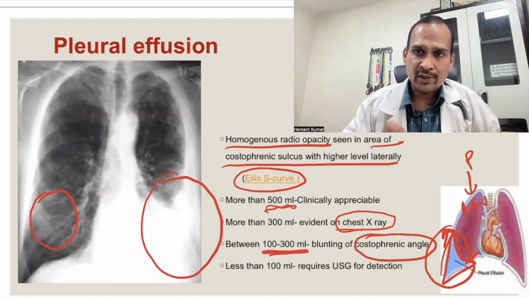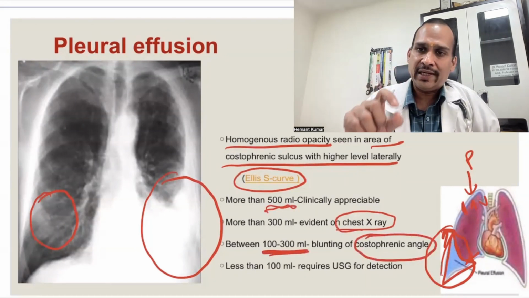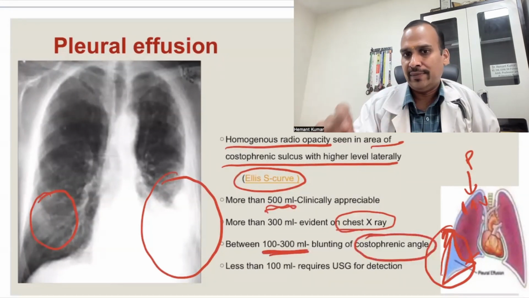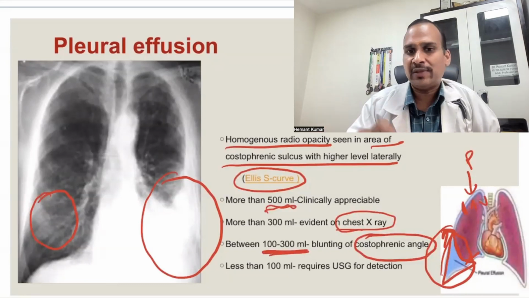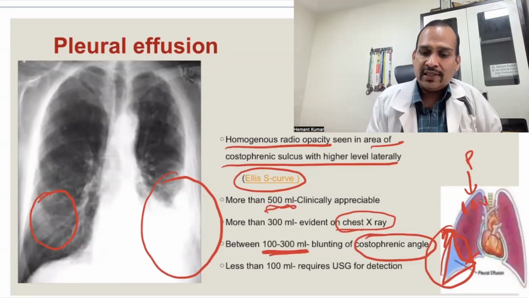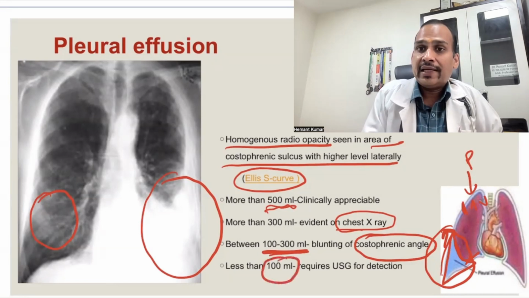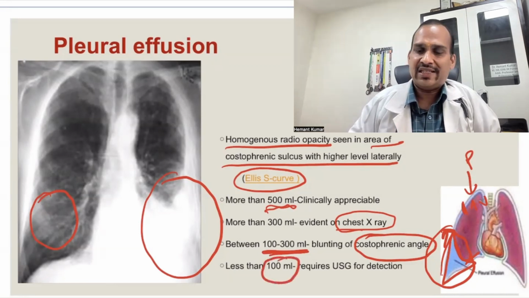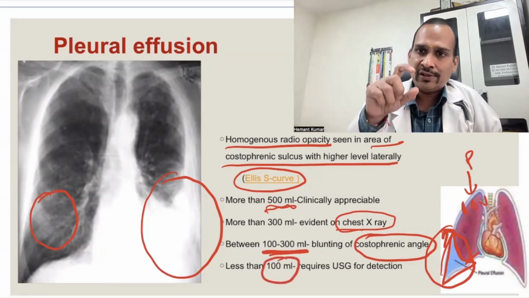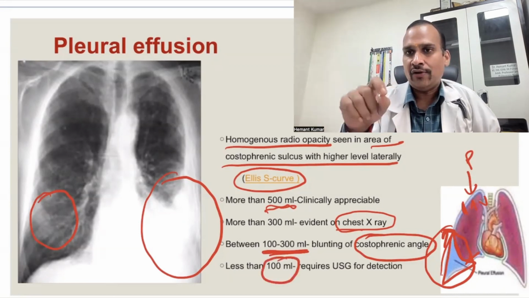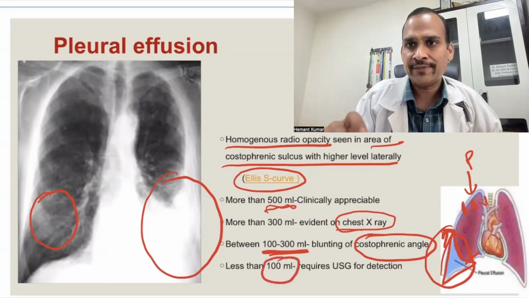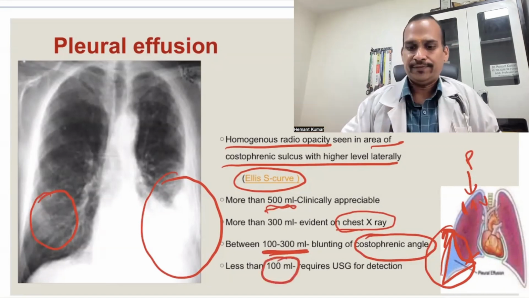So for obliteration of the CP angle, fluid should be at least 100 to 300 ml. Then only can we appreciate obliteration of the CP angle. If fluid is less than 100 ml, we cannot appreciate it on chest X-ray. For demonstration of fluid less than 100 ml, we need ultrasound of the thorax. Then only can we demonstrate a smaller amount of fluid.